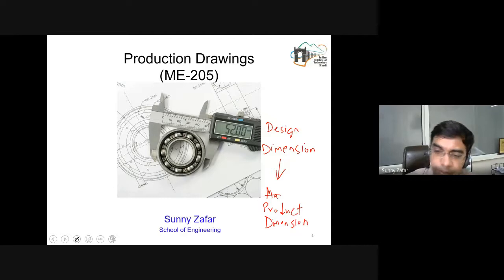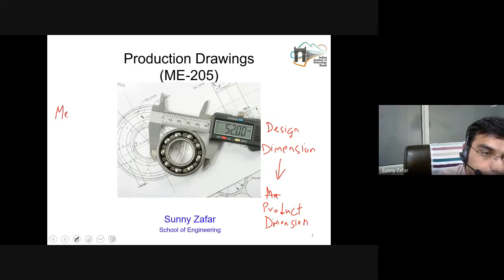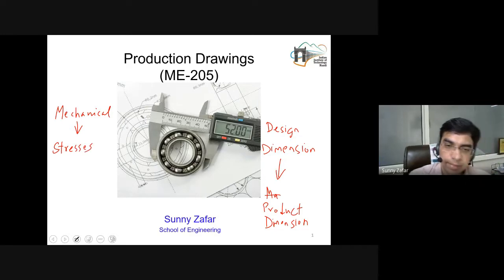Whenever we design any product, I'm talking here mostly from the mechanical perspective, we take care of whatever stresses will be generated in the product. The dimension of the product or the material in the product should be sufficient to bear those stresses.